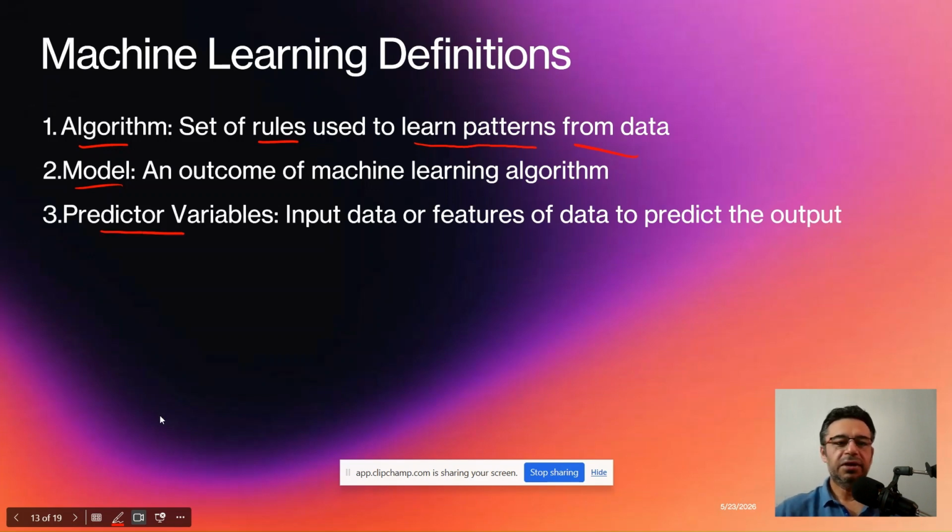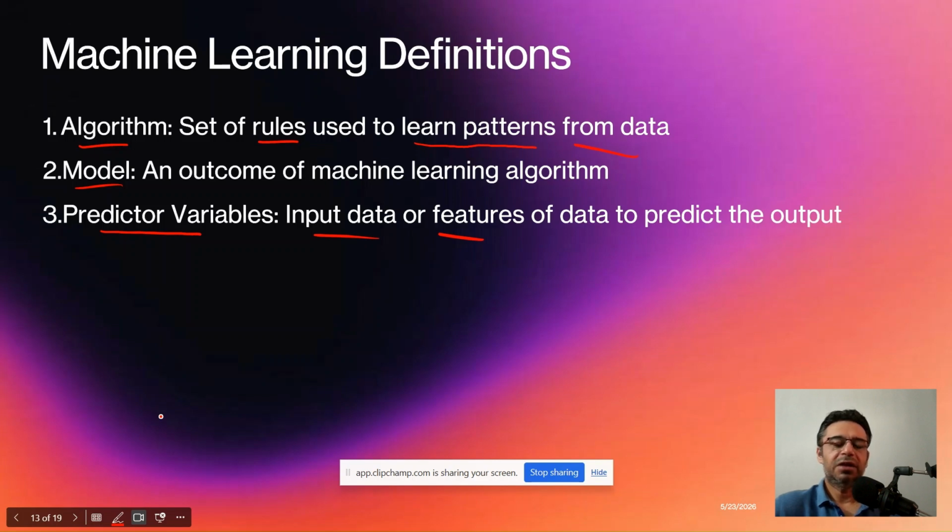Then we have the predictor variables. The predictor variables are the features, or the input data that is required to predict the outcome. For example, if you want to predict the weather, whether it will rain or not tomorrow or next week, what features do you need to make that prediction?